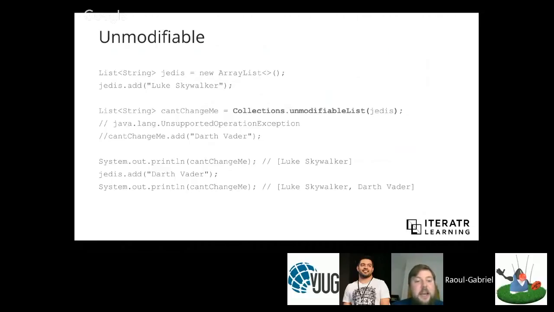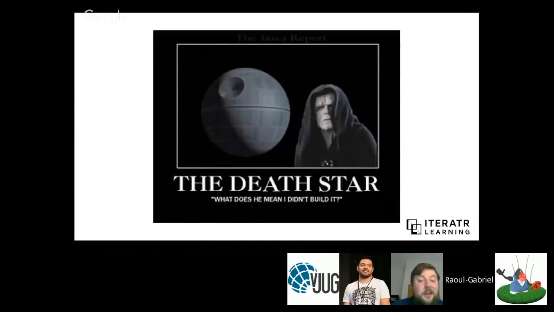And there is a downside. Just like the Death Star, sometimes things that look like they've got a really strong protective wrapper around the outside have one little flaw under the hood, one little exhaust vent.